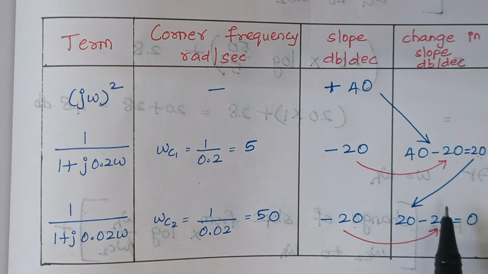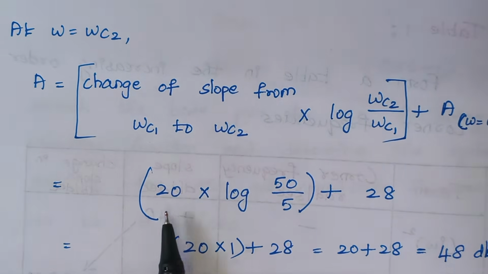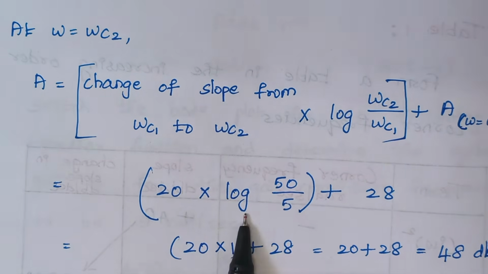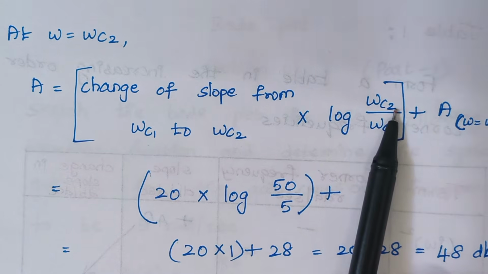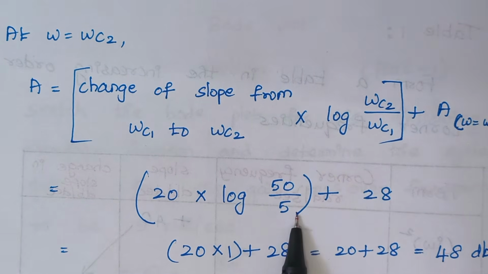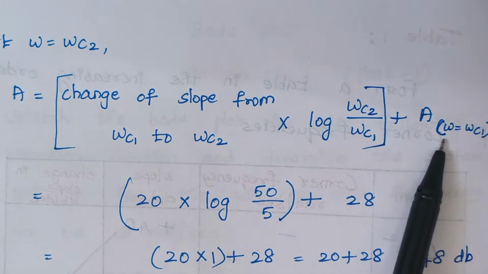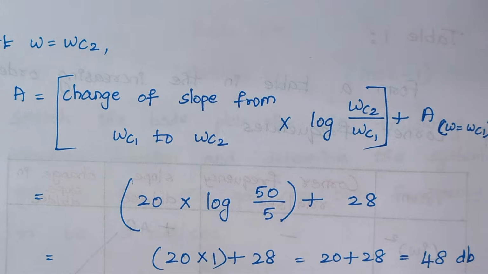So change of slope from omega C1 to omega C2 is nothing but 20, right? So that is the reason why here I am substituting 20 into log of the value of omega C2, which is 50, and omega C1 is 5. So just substitute the values here, plus the magnitude of A when omega equal to omega C1.